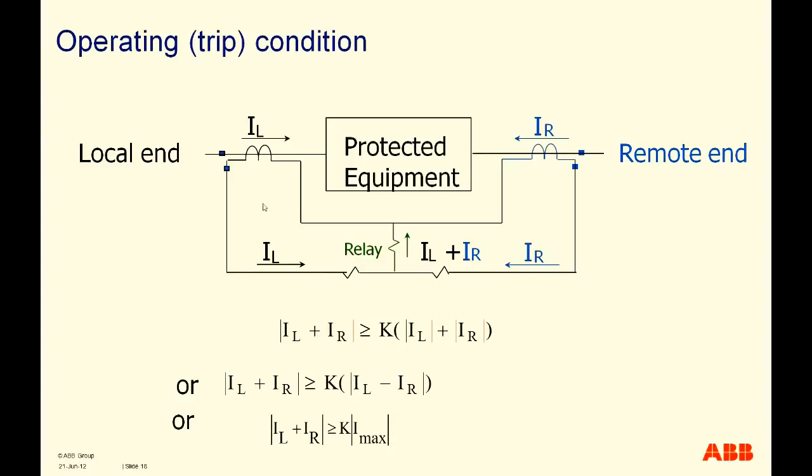The same differential current will flow through the operating coil, but there will be additional restraining currents which will improve the stabilization. Tripping will occur only if the vectorial sum IL plus IR is greater than or equal to the absolute values of IL and IR together with the K factor. So K will determine the slope of the characteristic.